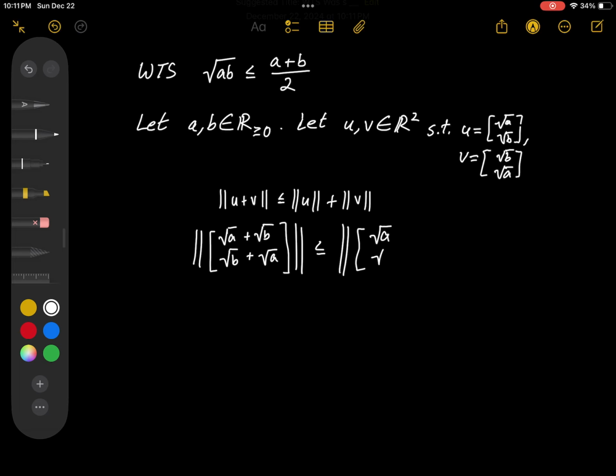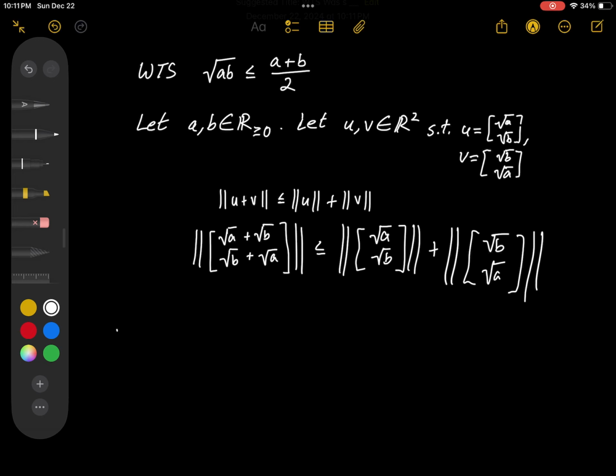So many square roots here. And plus the magnitude of square root of B, square root of A. And then from this, we can now expand out the magnitude.